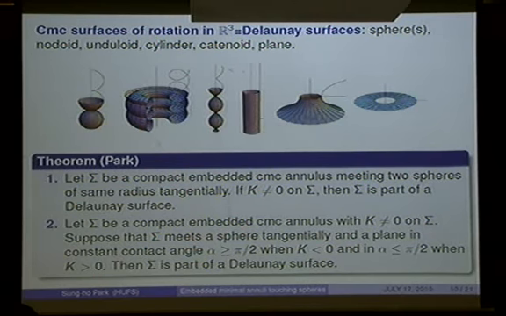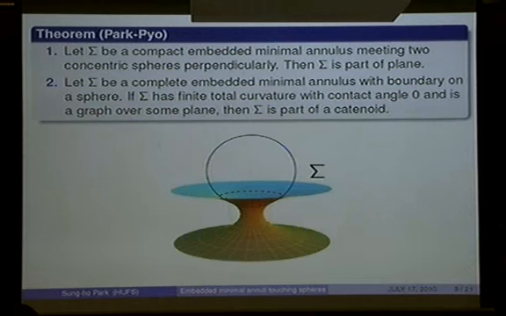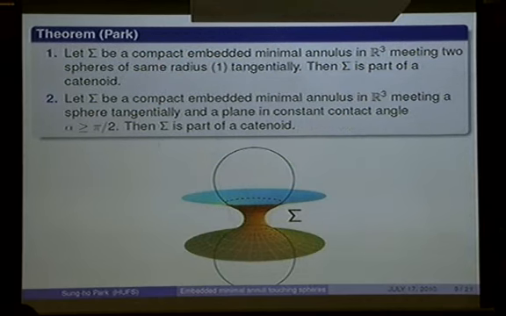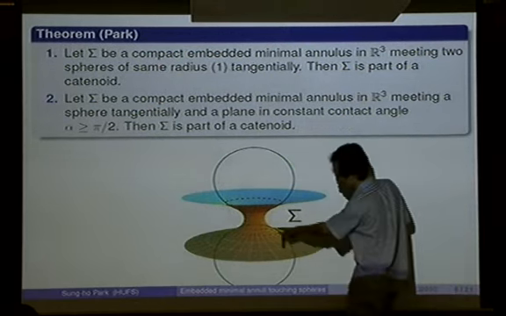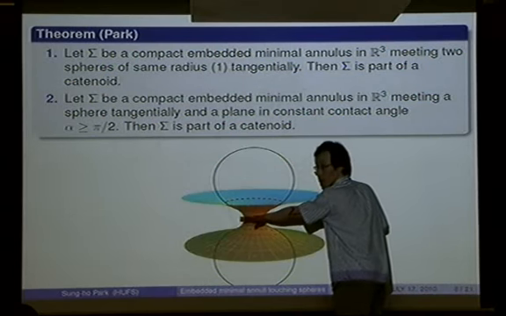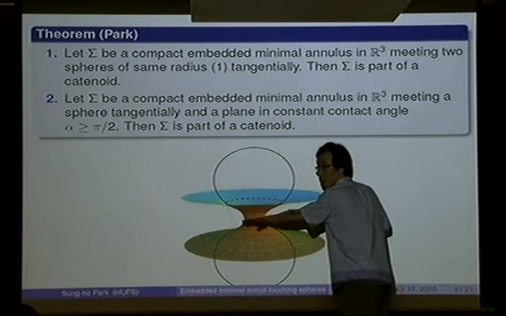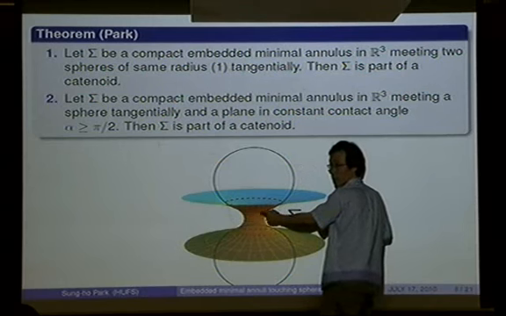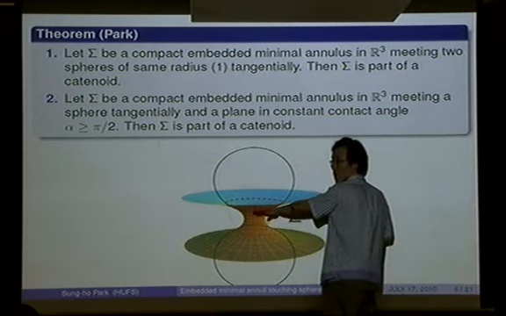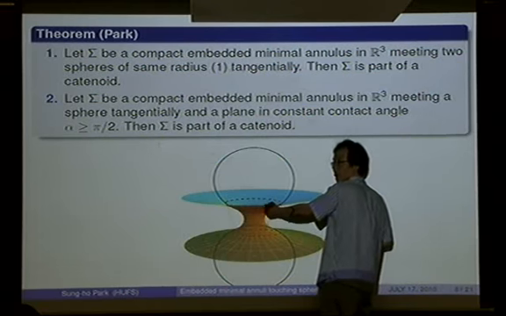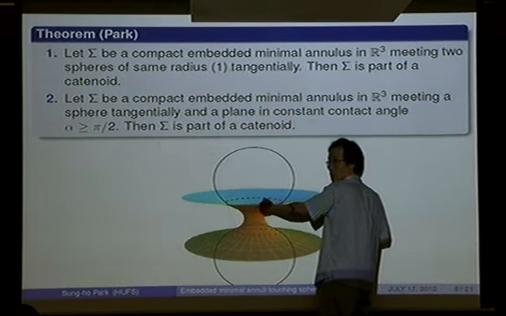Sorry, I did not explain this contact angle alpha. If I take a plane passing through the neck of the catenoid, then the contact angle is pi over 2. If I move the plane upward, then the contact angle is bigger than or equal to pi over 2.